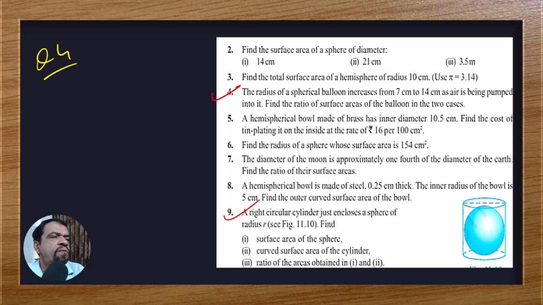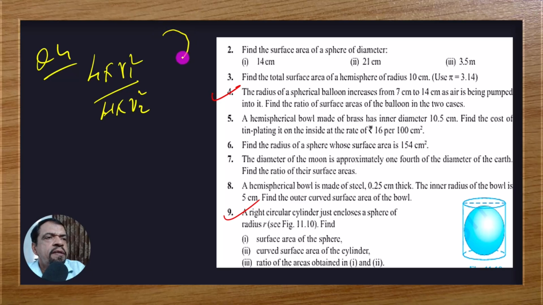The radius of a spherical balloon increases from 7 to 14. Find the ratio of surface area. So it is 4 pi r1 square upon 4 pi r2 square. Initially, the balloon radius is r1.